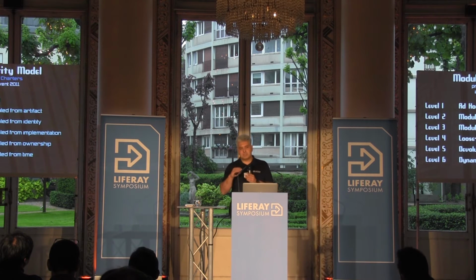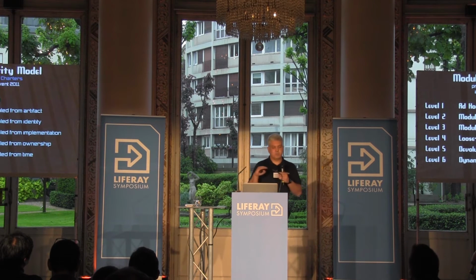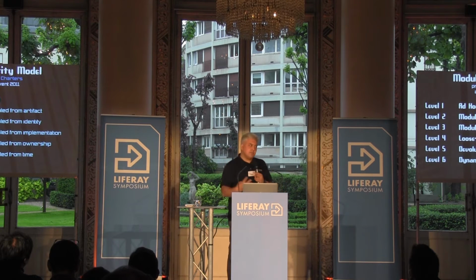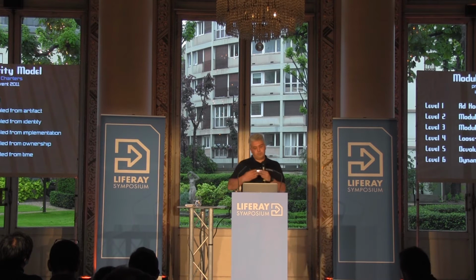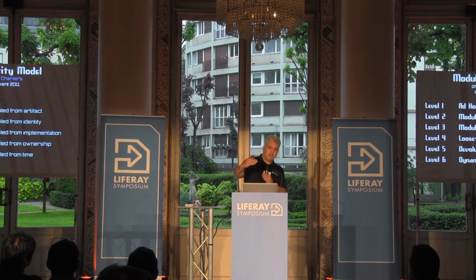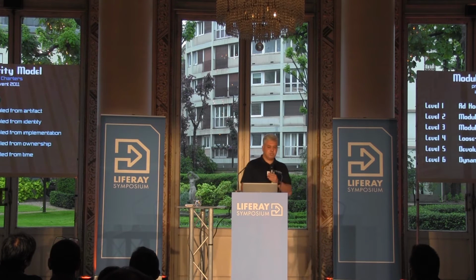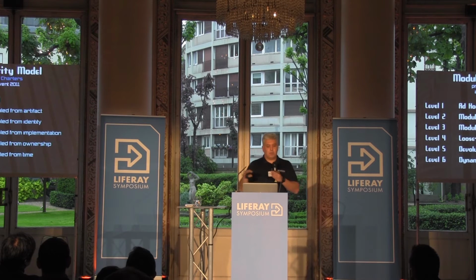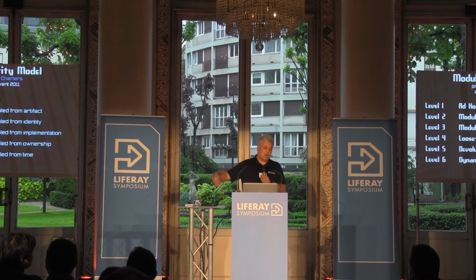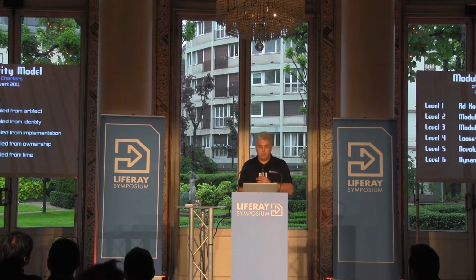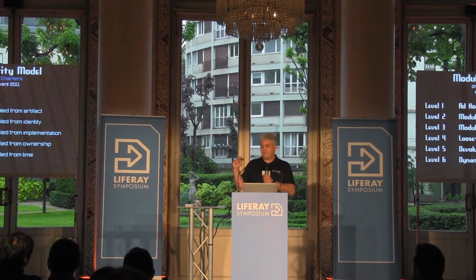And this is when you start to get what is considered real modularity. But then you are tied to implementations, so it's still kind of tightly coupled. So if you manage to go beyond that point, to decouple yourself from implementations, then you go to devolution, where you kind of depend on ownership and then time. And I'll show you in deeper examples what exactly this means. So this model kind of works for OSGi.